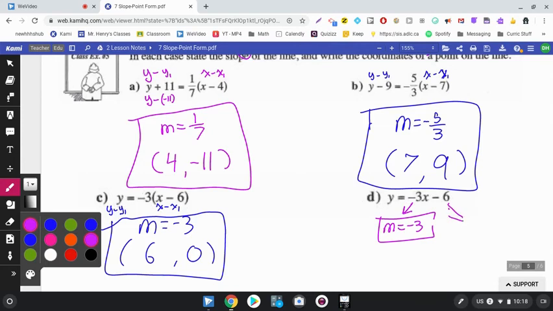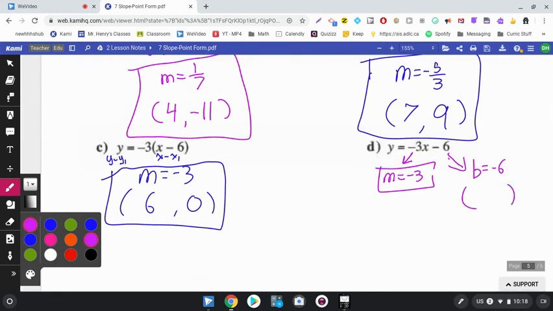Your b value is negative 6, which is the point. 0 comma negative 6. It's the y-intercept, right? So yeah, slope-intercept form tells us a point too. It's the specific point though. It's the y-intercept.